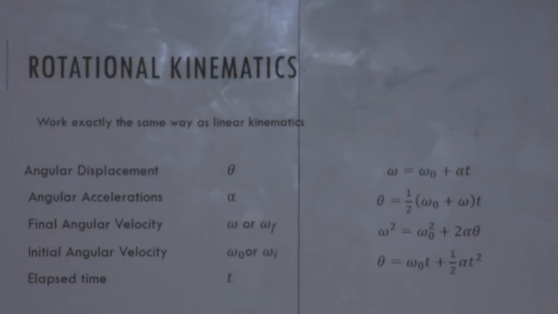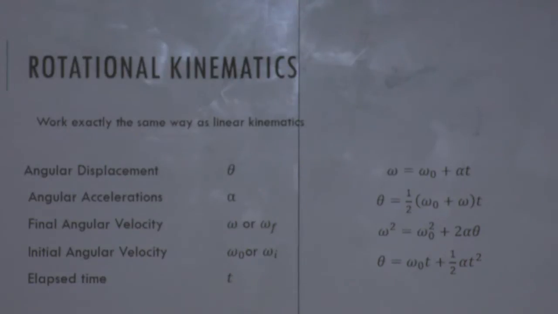So, rotational kinematics works exactly the same way as linear kinematics. So basically, the only thing that changes is that your variables now become thetas, alphas, omegas, and t, of course, stays the same. Because time doesn't care. So you have your angular displacement theta, angular acceleration alpha, final angular velocity omega, initial angular velocity omega naught, elapsed time is t, and then there's all those equations.